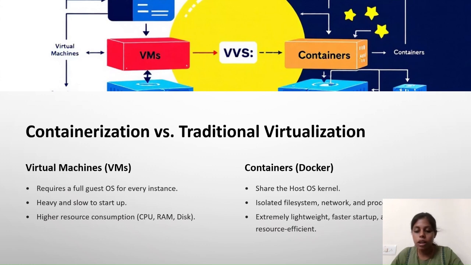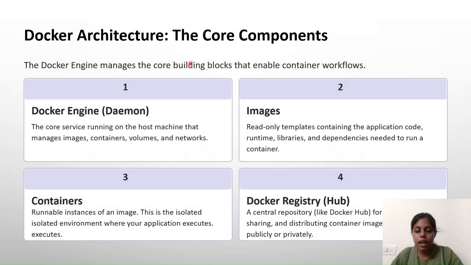Let's move on to the Docker architecture. The first is the Docker engine or daemon. This is the heart of Docker. It runs on the host machine and manages images, containers, networks and volumes. Next are the images. They are the templates that contain everything your application needs. For example, a Python image includes the Python runtime, while a Node.js image includes Node.